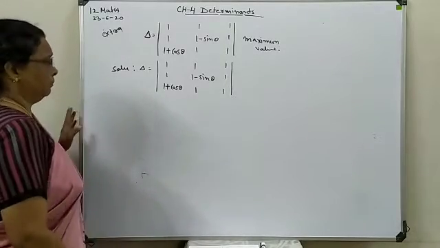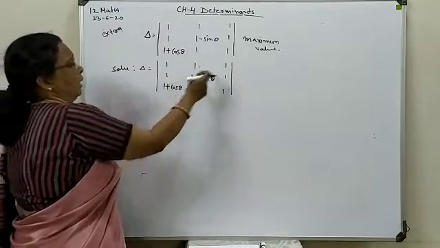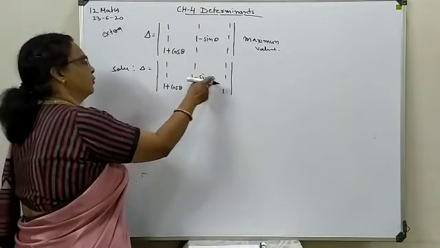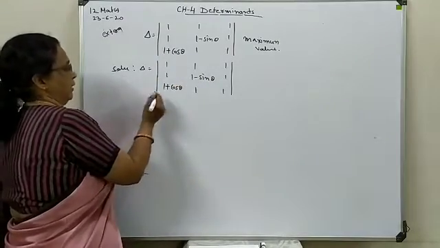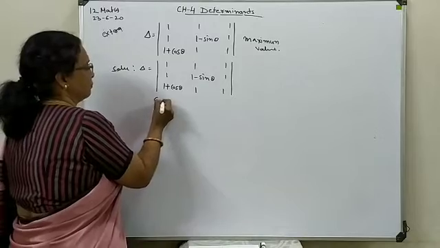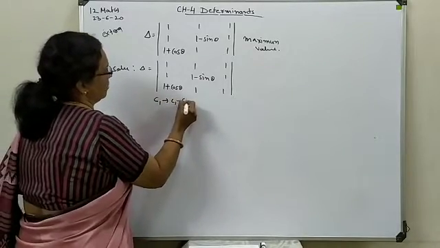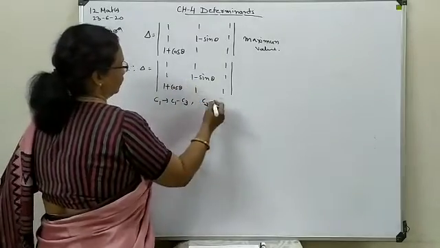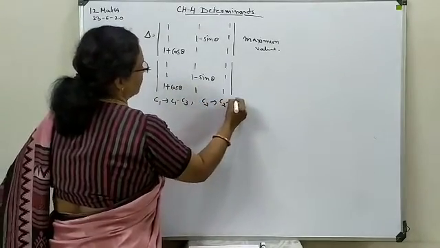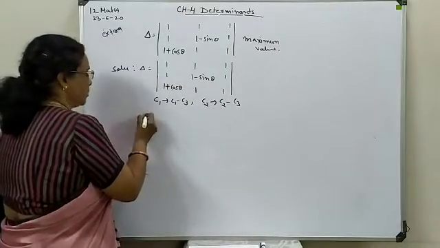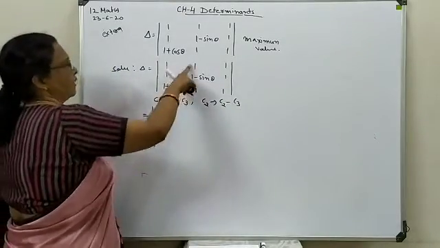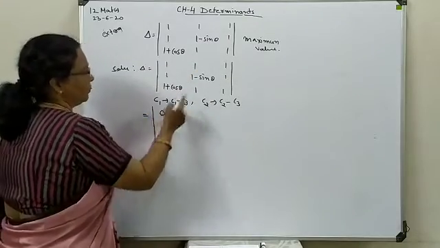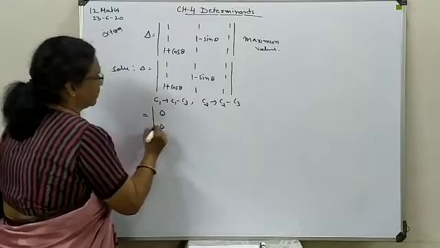So first of all, the third column we are going to subtract from the first, and the third column from the second. 1 minus 1, 1 minus 1 will give you 0, 1 minus 1 again 0.